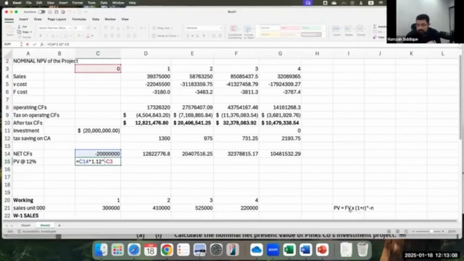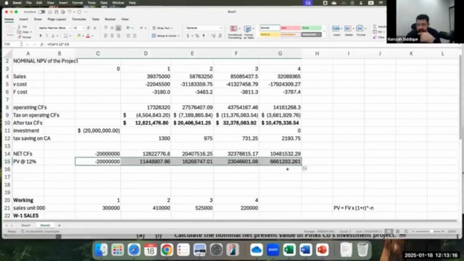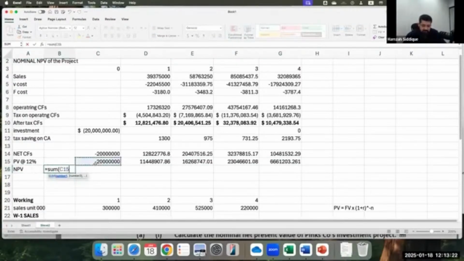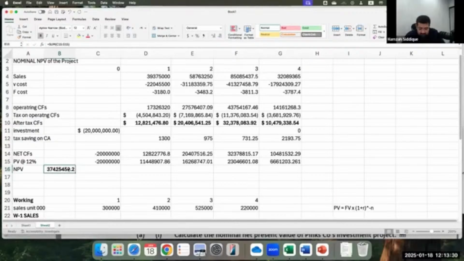Present value is equal to future value into (1 plus r) raised to minus n. So NPV will be equal to the sum of all, and 3-digit round off.